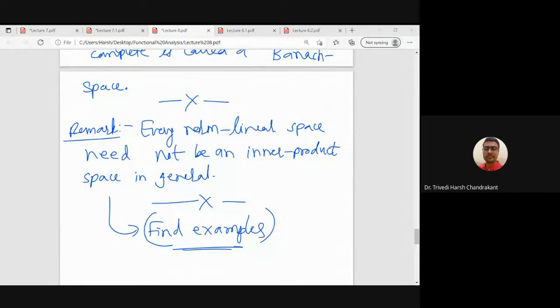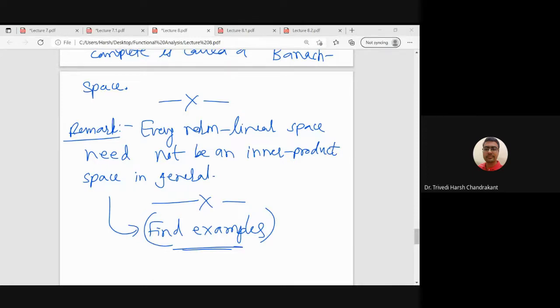Why did we study that? Yes, Vibhav: compute lengths, angles, etc. Length we can find using the norm also.